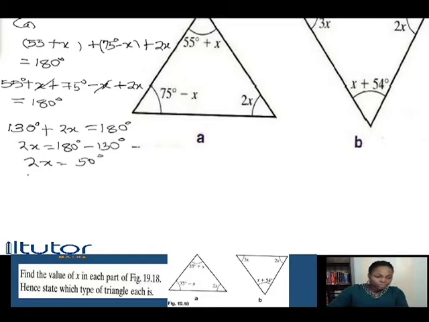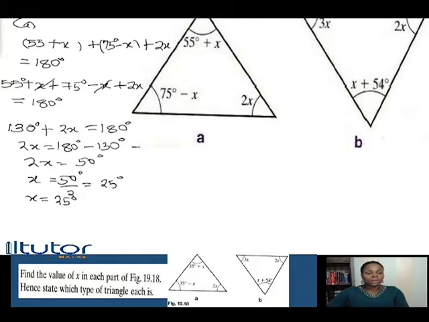Dividing both sides by 2, 50 degrees divided by 2 will give us 25 degrees. So our x for triangle A is 25 degrees.